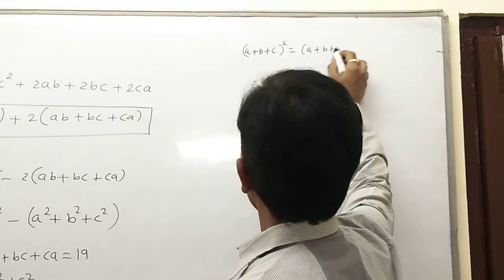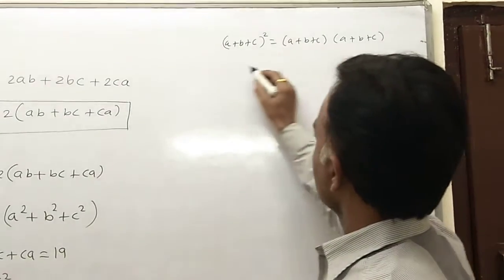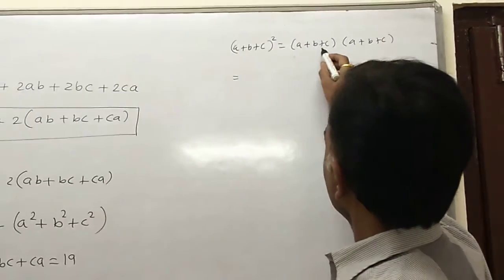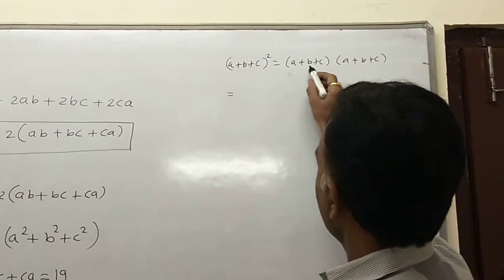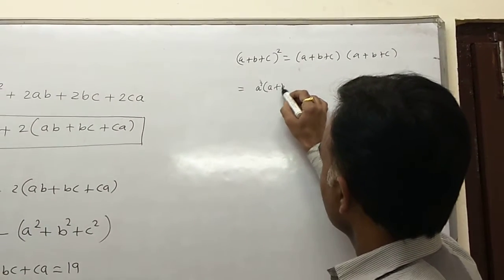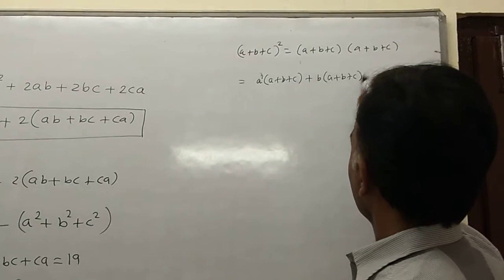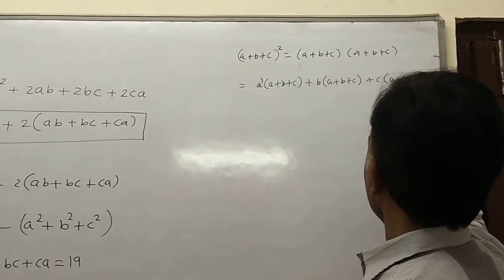You write down this bracket 2 times, and then multiply to each other. So A of A plus B plus C, B of A plus B plus C, and plus C of A plus B plus C.